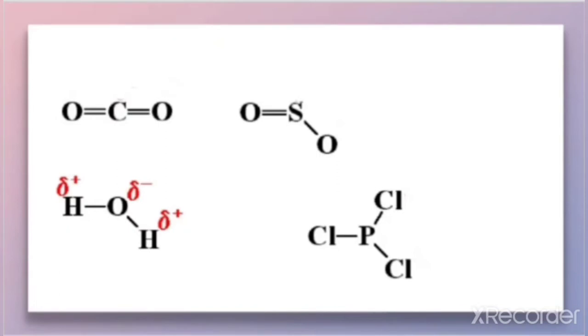What about the case of carbon dioxide? In carbon dioxide, there are two oxygens and a single carbon. Comparing carbon and oxygen, which is more electronegative? Definitely, oxygen. So carbon develops a partial positive charge and oxygen develops a partial negative charge. What about SO2, sulfur dioxide? Sulfur and oxygen belong to the same group.